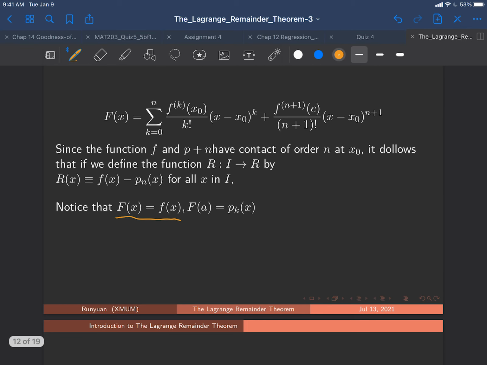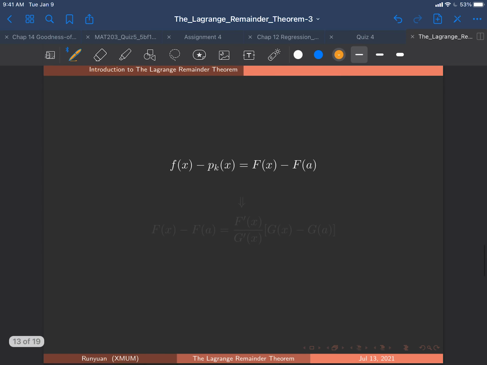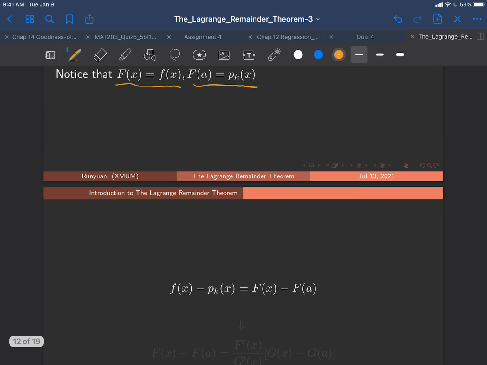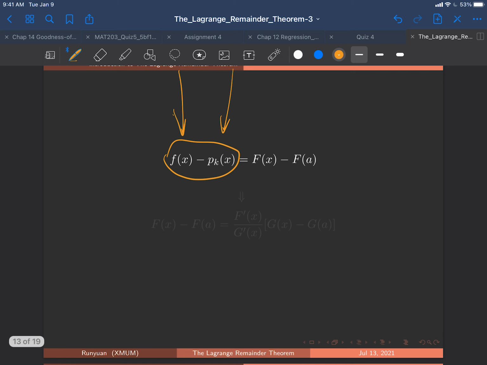The same as f(a): if we plug a into the Taylor polynomial, we will get P_k(a). And we substitute these two equations into f(x) minus P(x). We will get f(x) minus f(a).